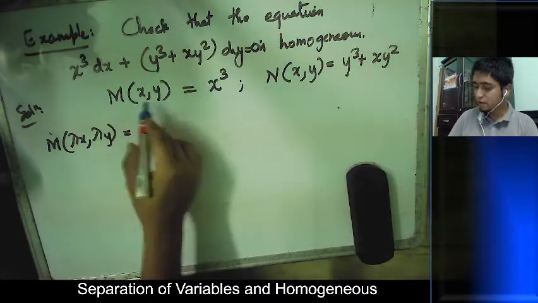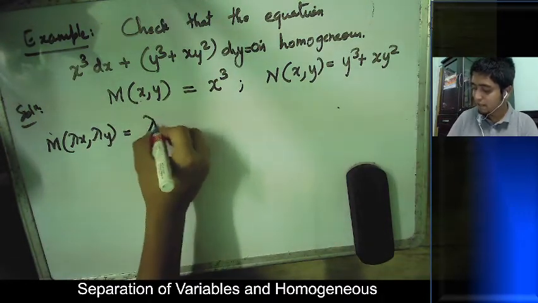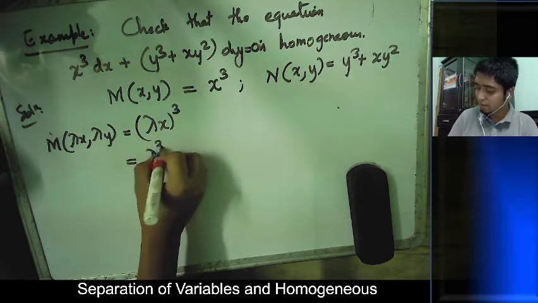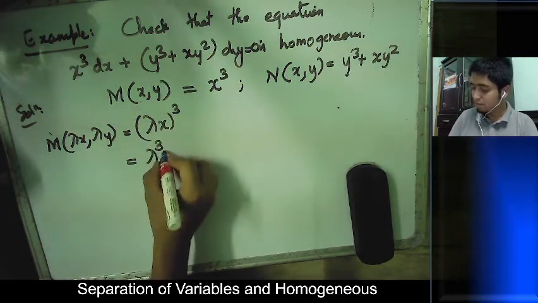If we replace x by λx, we'll be getting (λx) whole cubed, so we will be getting λ cubed x cubed.